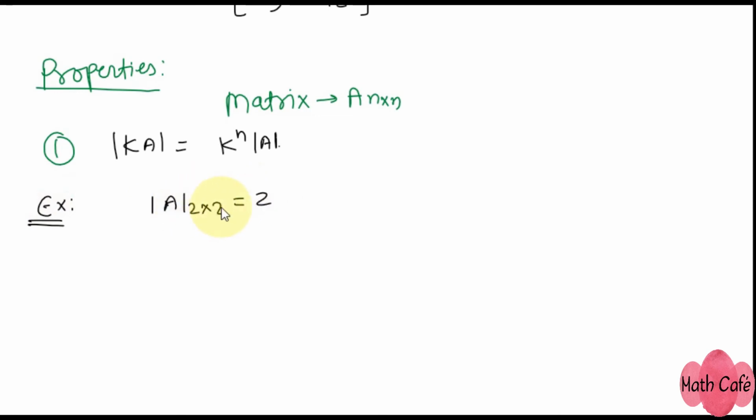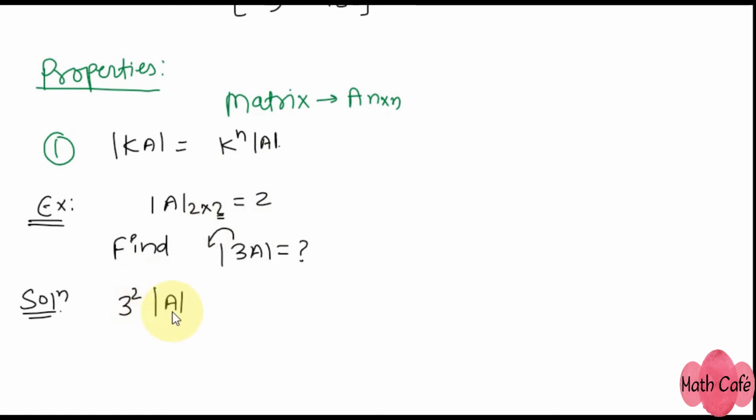Let's take an example here. If a matrix A of order 2 cross 2 is given, and the determinant value of this matrix is 2, then we need to find the value of determinant 3A. Let's see how we will solve it. I can take 3 out of this determinant value, so that will become 3 raised to n. n is the order of the matrix, that is 2.